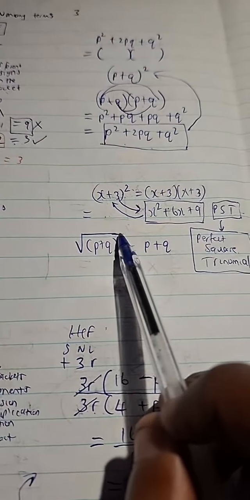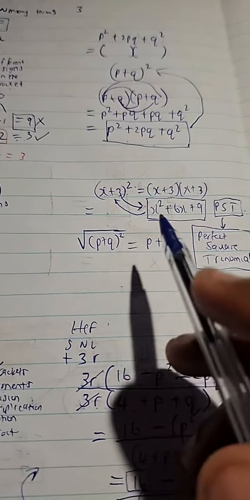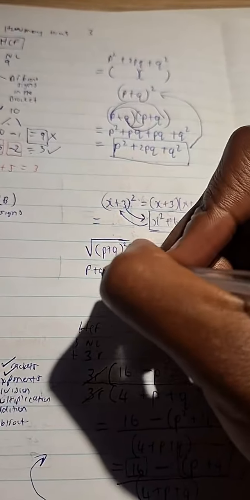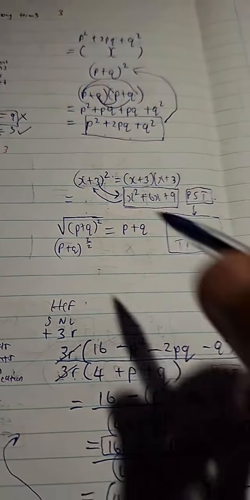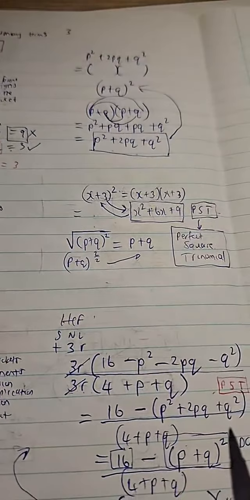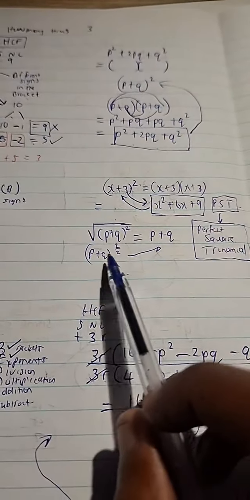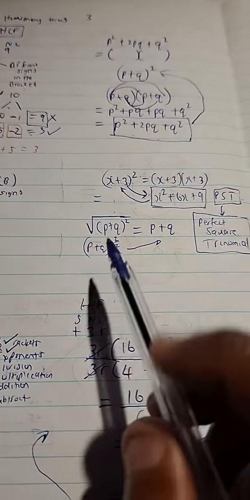Why do we say p plus q? The reason is that the square and the square root cancel each other. We would write this as p plus q to the power 2 over 2, which leads us to p plus q, because 2 divided by 2 gives us 1. So we have p plus q in brackets.